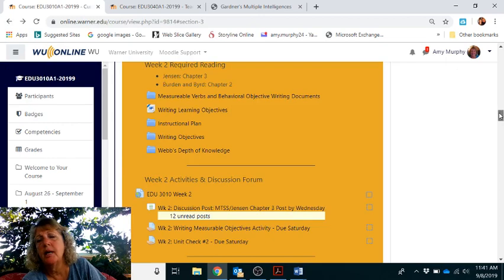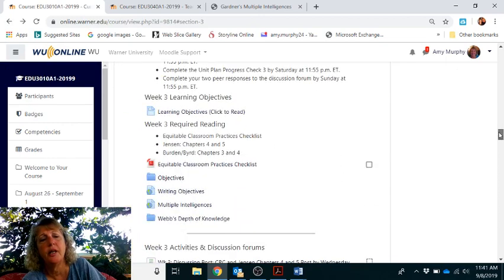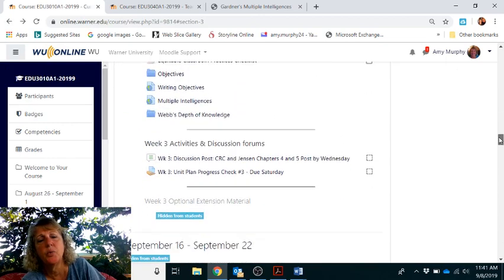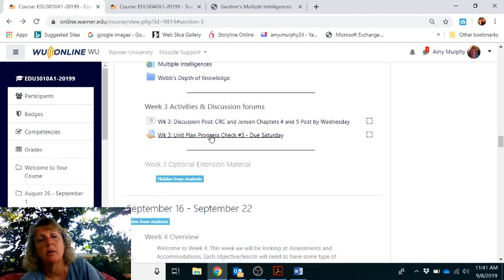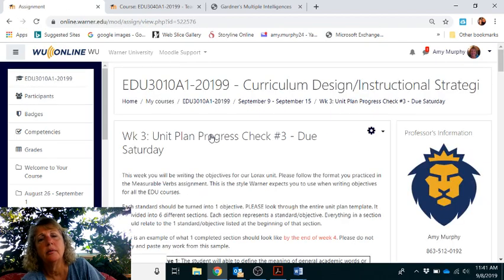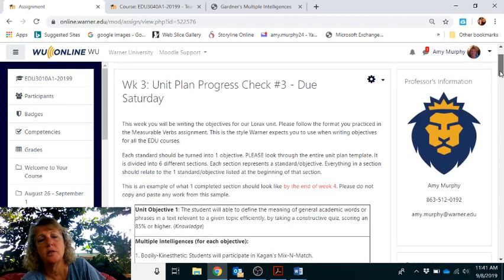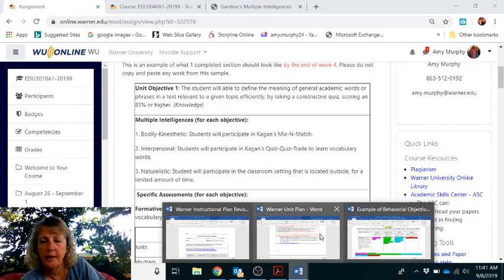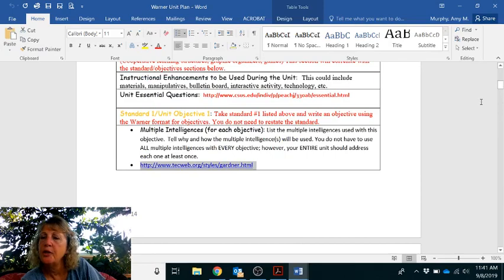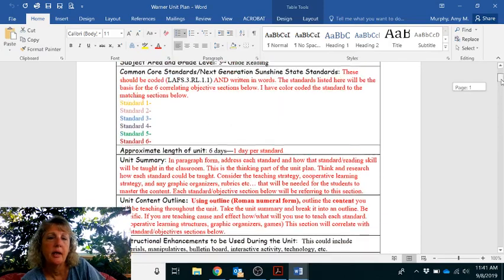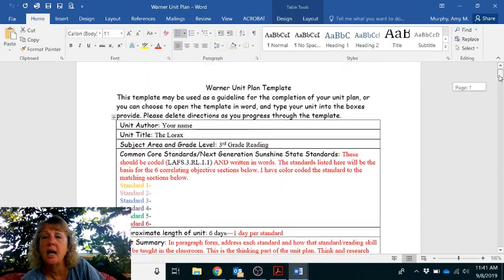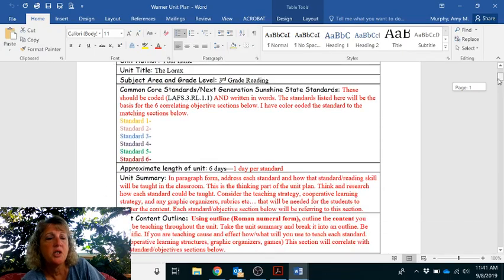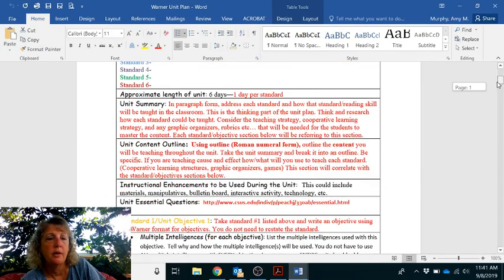So let's go down to week 3, and this week you are completing other sections of the unit plan. So let me pull up a unit plan, and hopefully you have looked through the entire plan. It is 9 pages long. We've just been working on the top part.